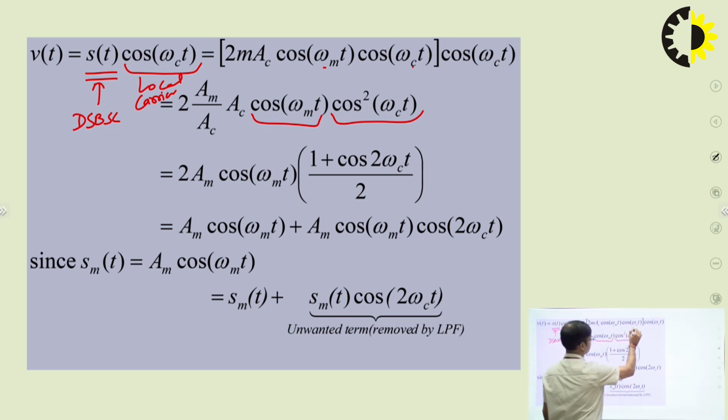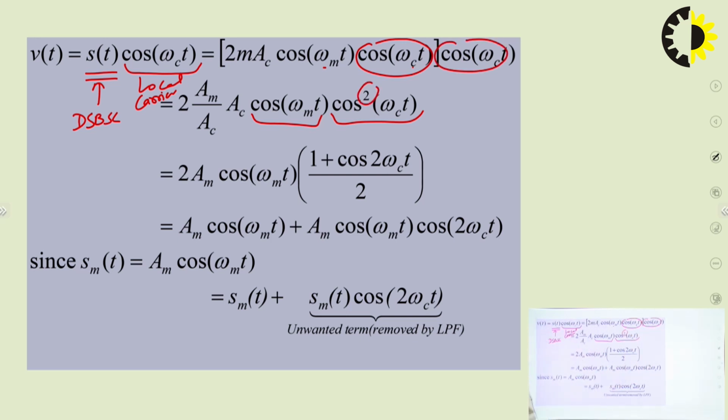Here cos omega Ct and cos omega Ct will be cos square omega Ct, and cos square omega Ct can further be expressed like this: 1 plus cos 2 omega Ct divided by 2. Okay, this part can be expressed like this.